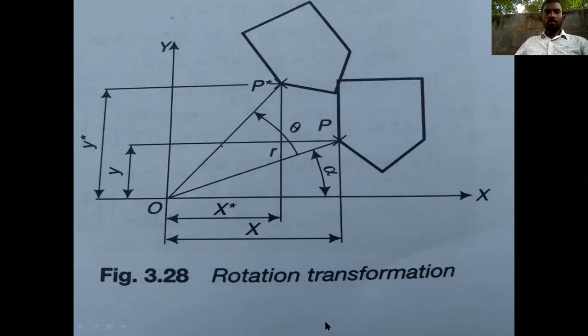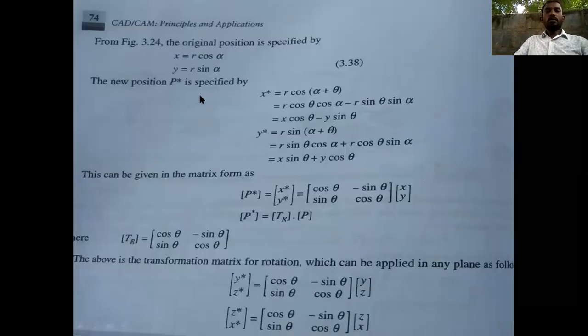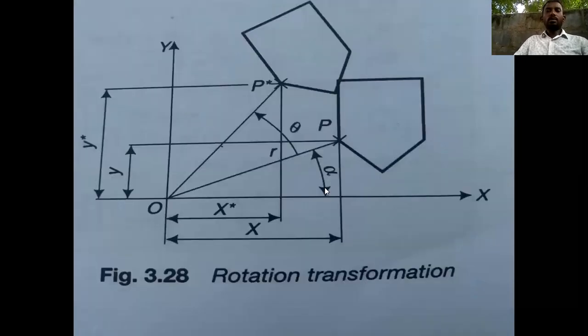See here, y equals r sin alpha. In the same figure, cos is adjacent side by hypotenuse, and the adjacent side is x, so cos alpha equals x by r.